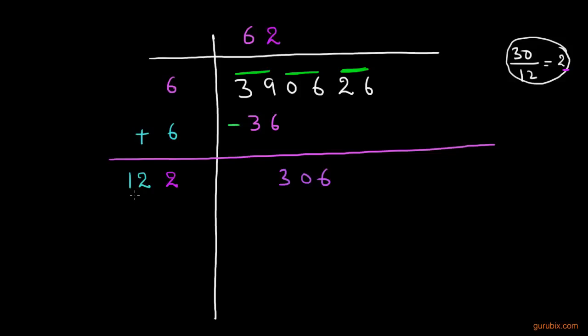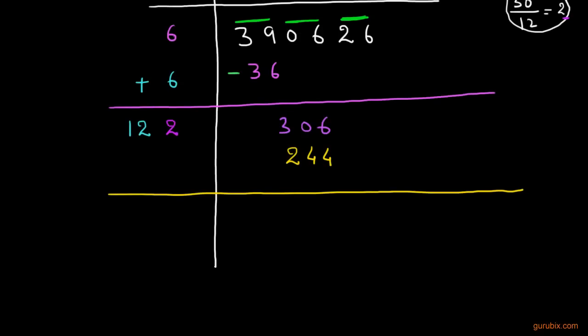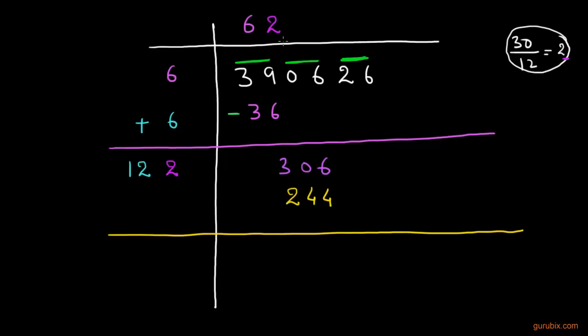Now this number becomes 122, and our next step is to multiply this 122 with this digit. If we multiply 122 by 2, we get 244. This is how we find the next digit in the quotient and multiply.